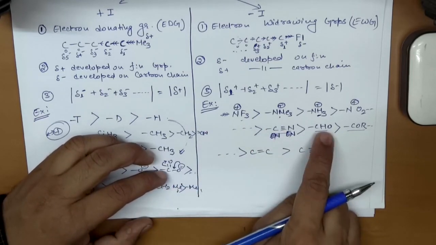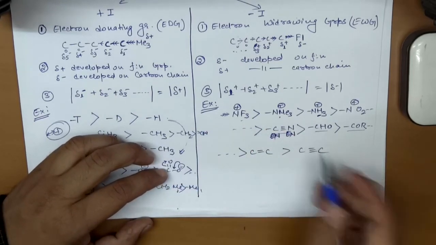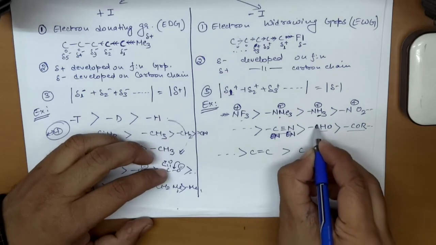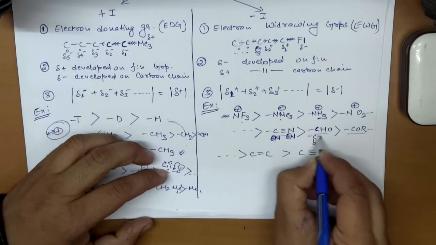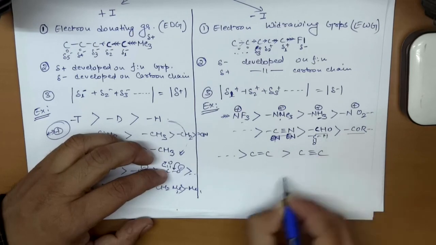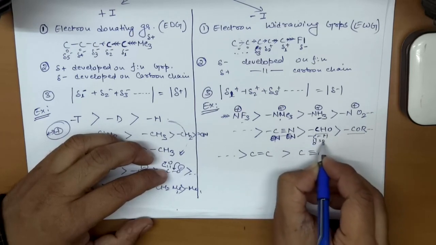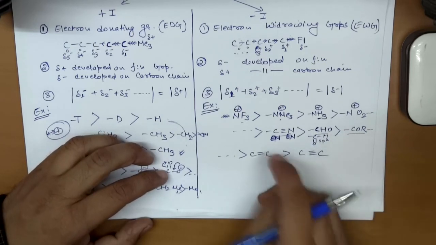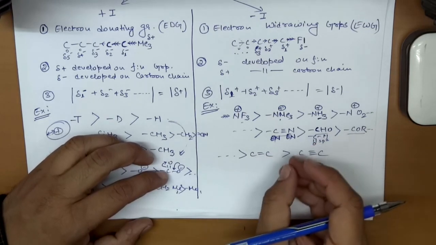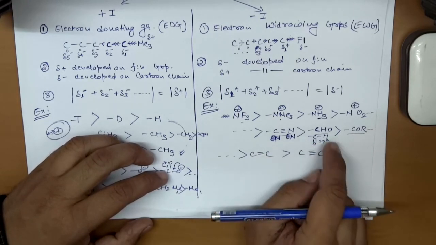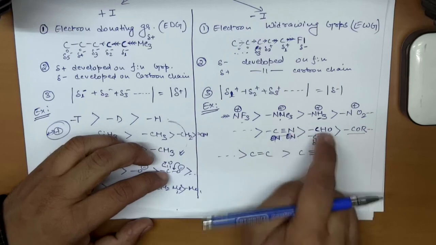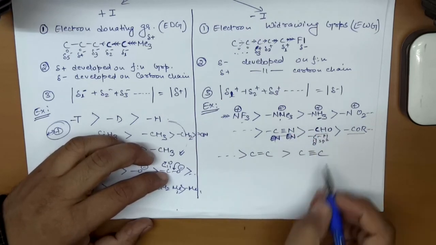Now why is CHO not as good? It is because the structure is like this, so the carbon is an sp2 carbon, and sp2 carbon has less electronegativity or less affinity towards electrons, so it will be taking fewer electrons from the carbon chain.